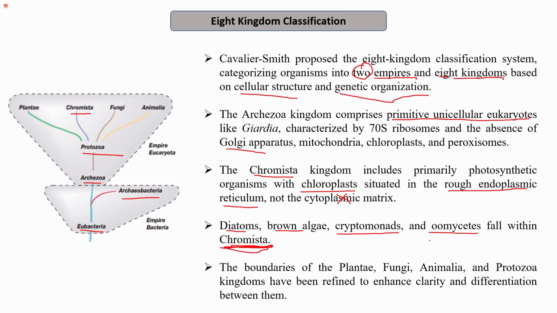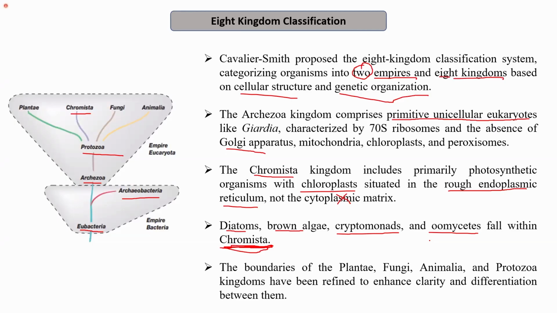Then we have the 5 kingdom classification, where prokaryotes were given a place by introducing a kingdom Monera. After the 5 kingdom, we have the 6 kingdom classification, and now we have the 8 kingdom classification as well. So this was about the different types of classification systems that have been proposed in biological sciences.